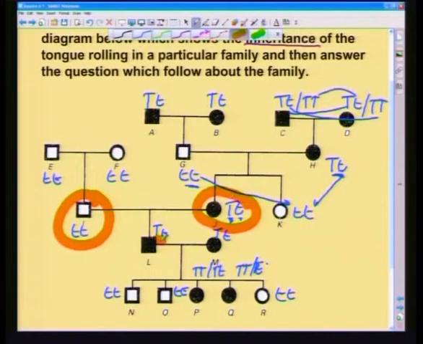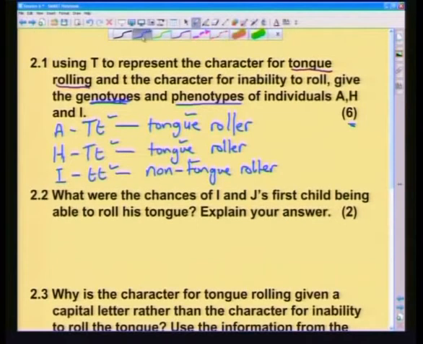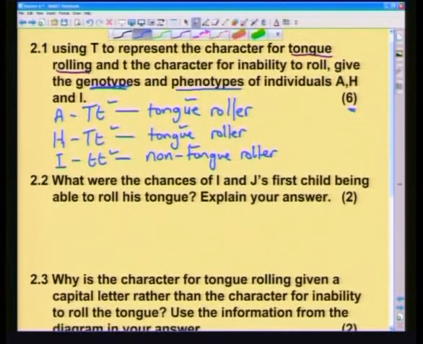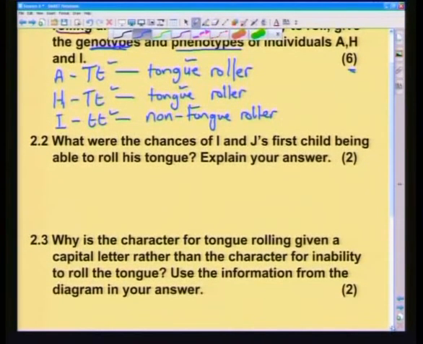Well, look, the offspring are going to be heterozygous. And remember, it also says explain your answer. Don't forget this part of the question, people. So I and J's first child being able to roll their tongue, it would always be 50%.